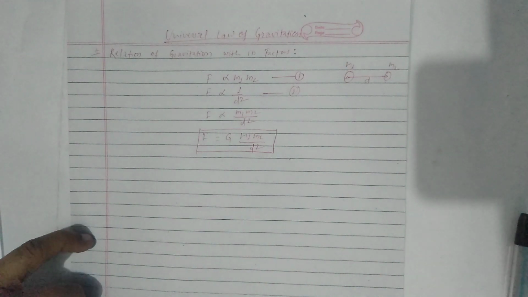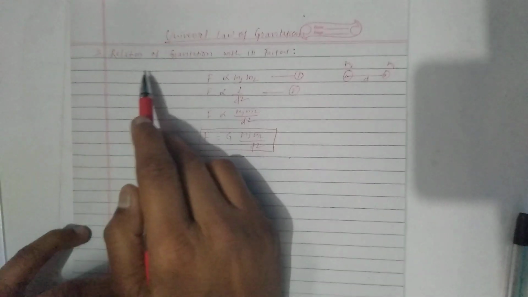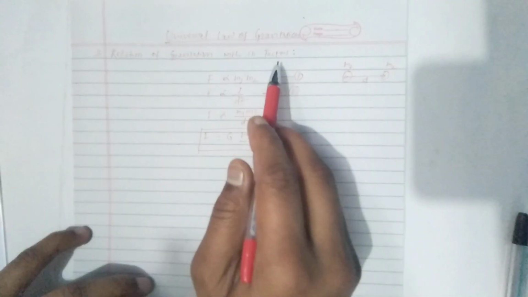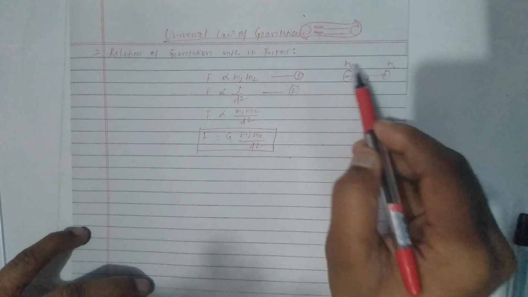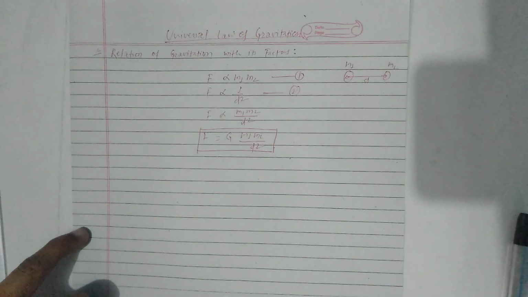So with the help of this we have to show the different relations of gravitation, this value of F with its factor, whenever we change the values of m1, m2 and d. Let's see what will happen.